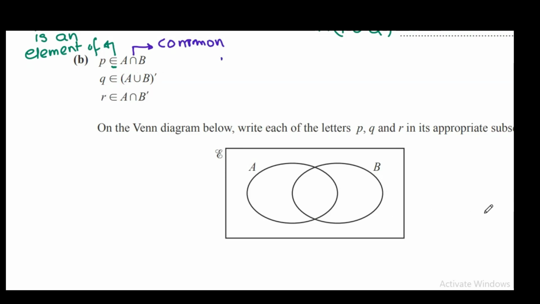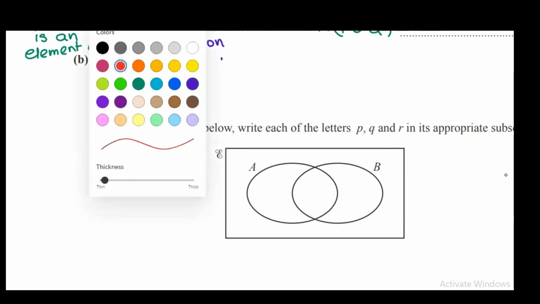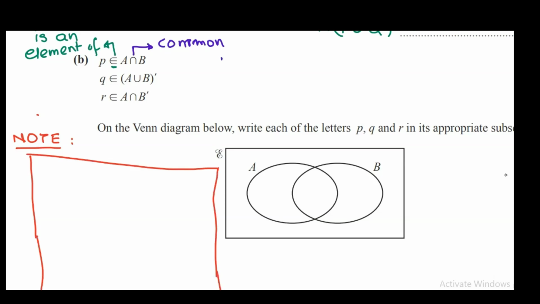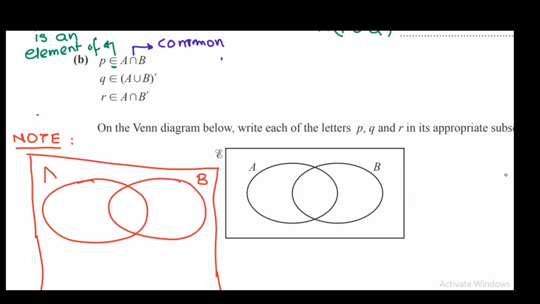So before starting this question, you should know all the regions in the set. There is a small note here. First, write down the note to know all the regions. Set B, set A, universal set.